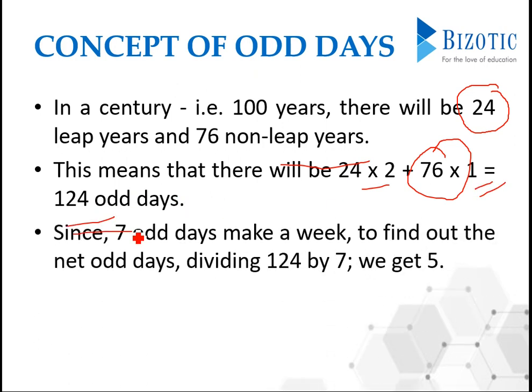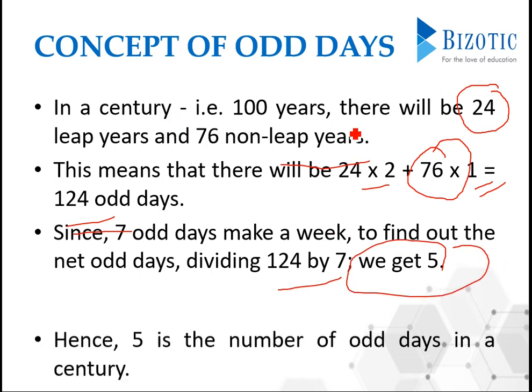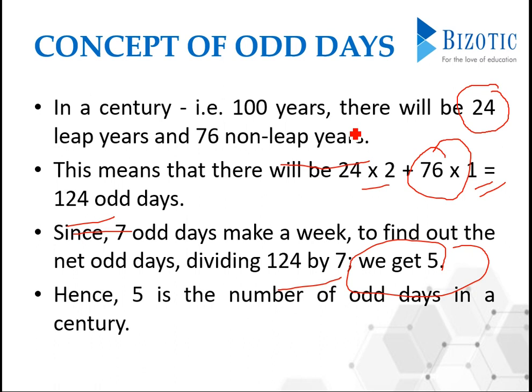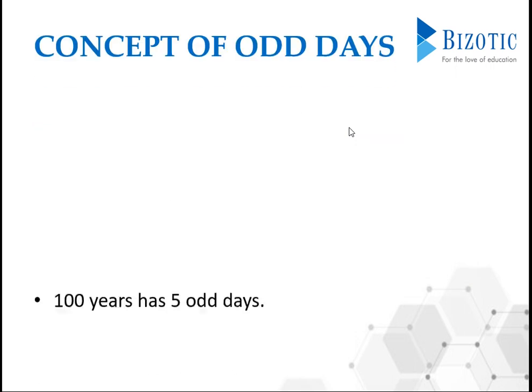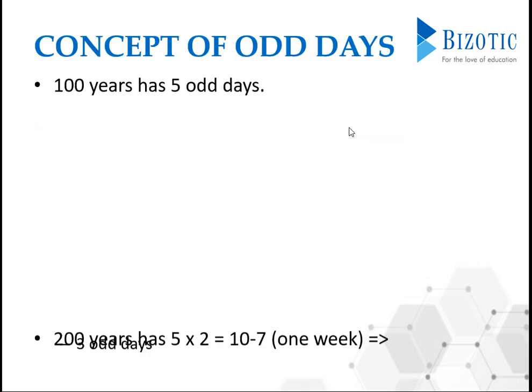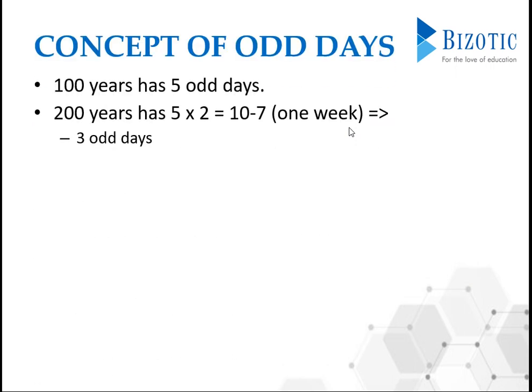And now we know 7 days make a week. So dividing 124 by 7, we get a remainder of 5. So in a century, that is in 100 years, we will have 5 odd days.